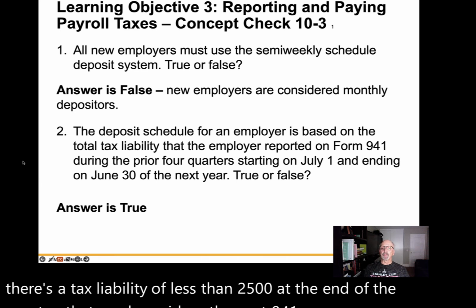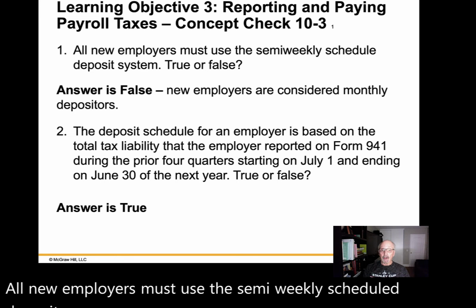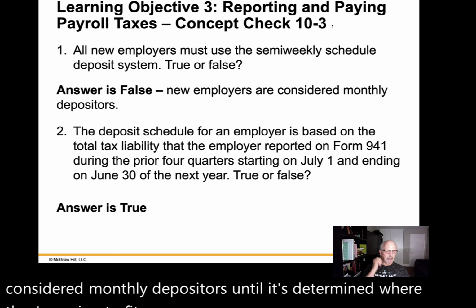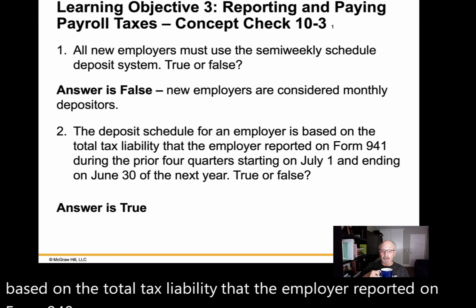All new employers must use the semi-weekly scheduled deposit system. False. New employers are considered monthly depositors until it's determined where they're going to fit in. The deposit schedule for an employer is based on the total tax liability that the employer reported on Form 941 during the prior 4 quarters, starting on July 1st. That's true.